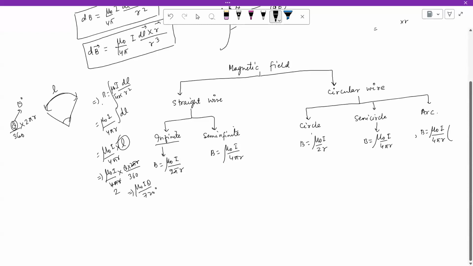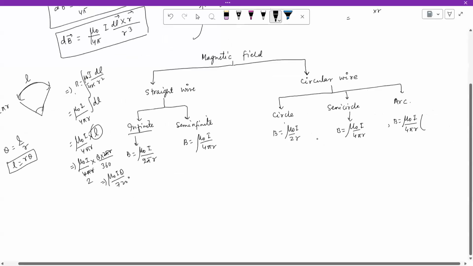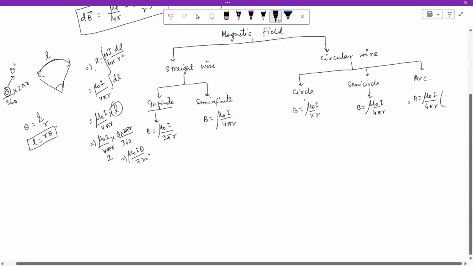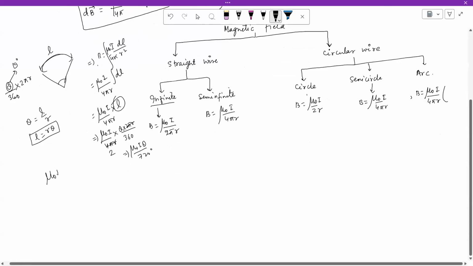But if it is in radian, then theta is L by R, so L is simply R theta. So if it is in radian, this would be mu naught I by 4 pi r square, and then this is R theta. So R and R cancel, and this is mu naught I theta by 4 pi.